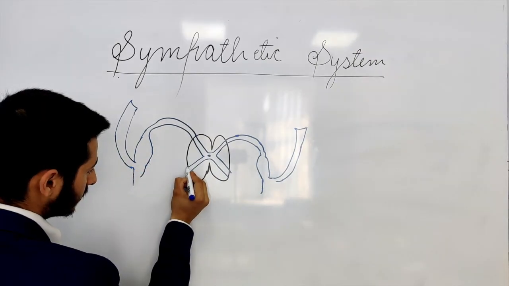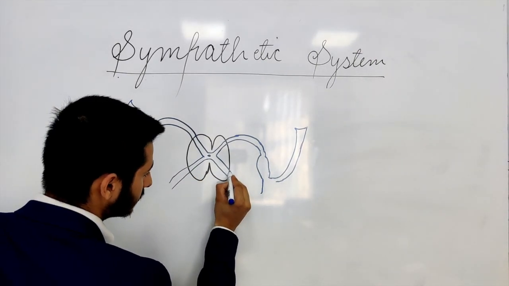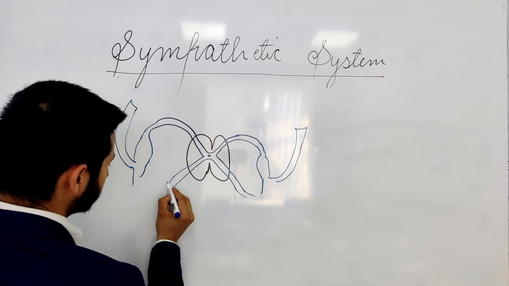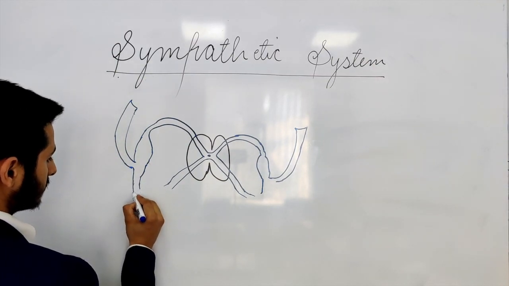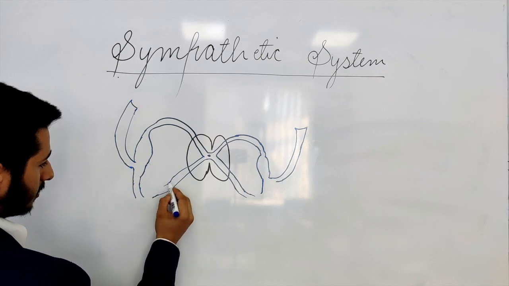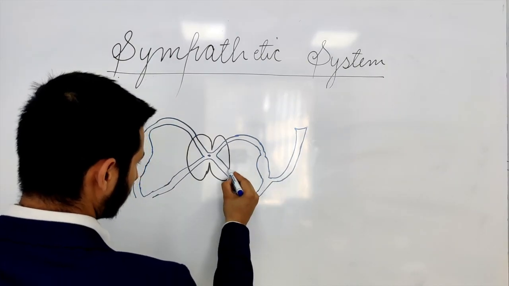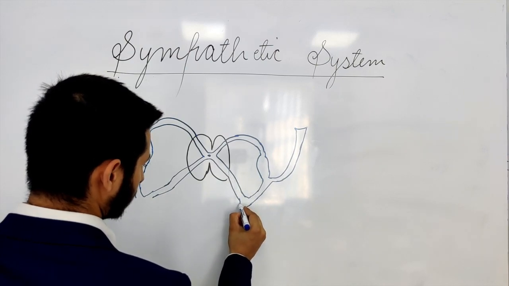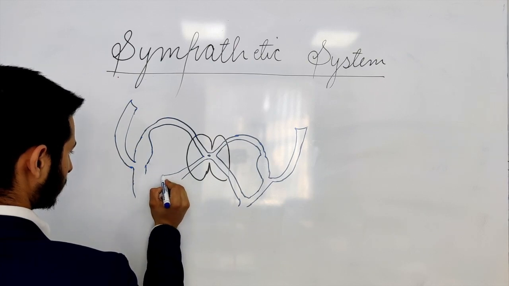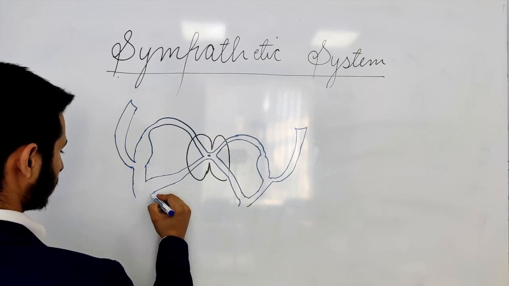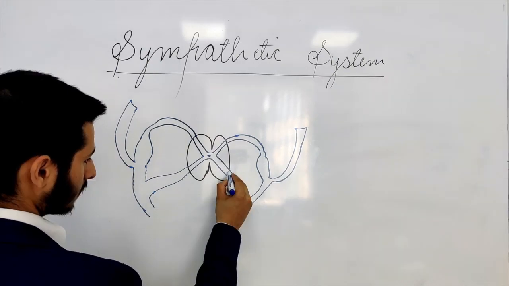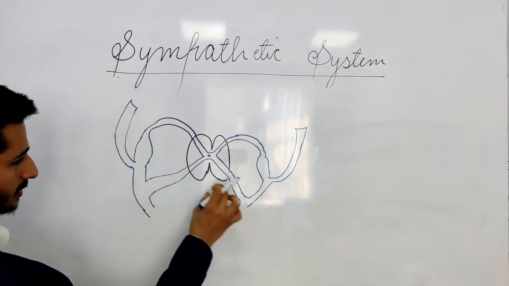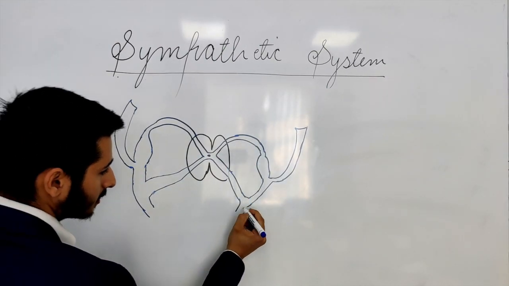and right here we have our anterior roots. These are the anterior roots of the spinal nerves. They connect right here. These are the anterior roots that are connecting to the spinal nerves right here.